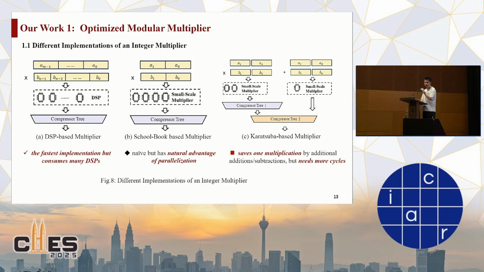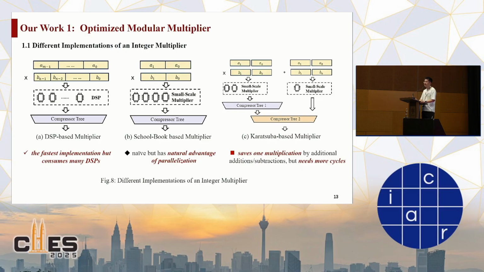So I'd like to introduce our first work, the optimized modular multiplier. There are different implementations of an integer multiplier, and they have their own features. For example, the DSP-based multiplier is usually the fastest, but it needs more DSPs in the FPGA.